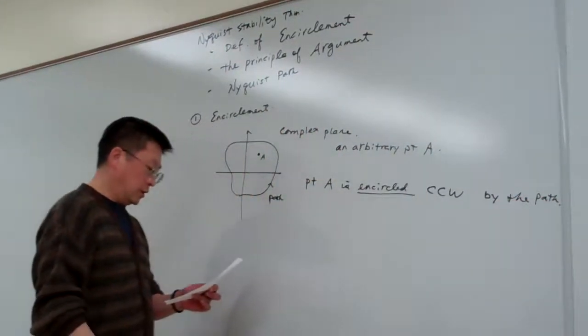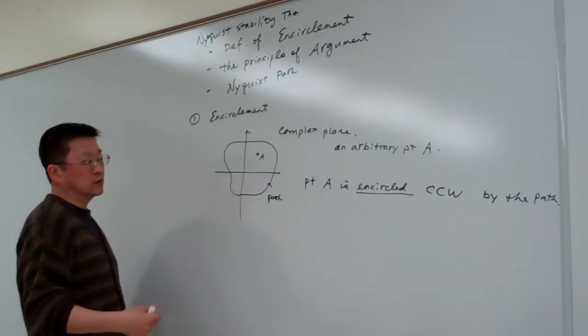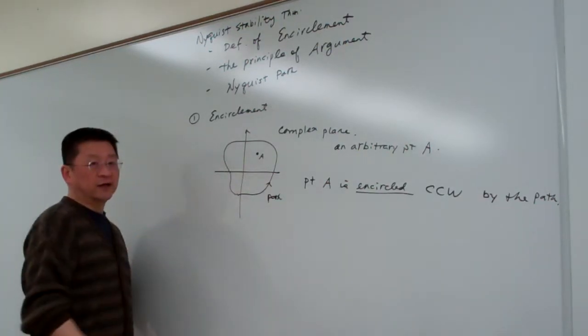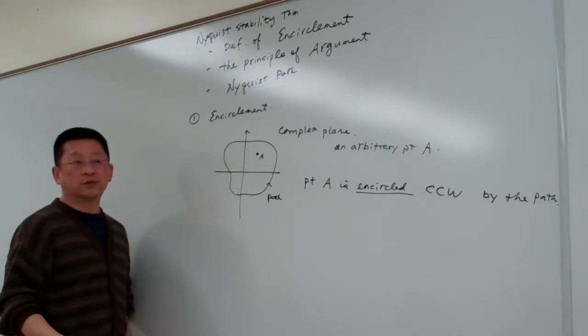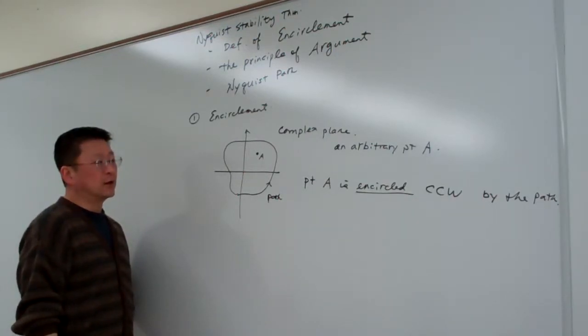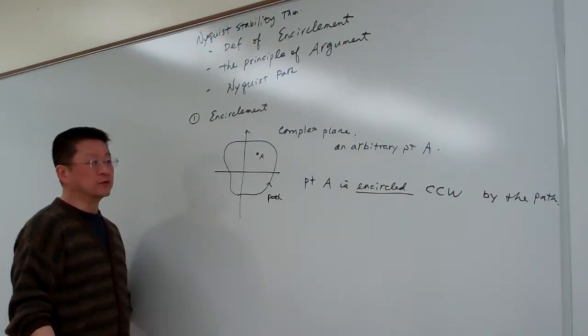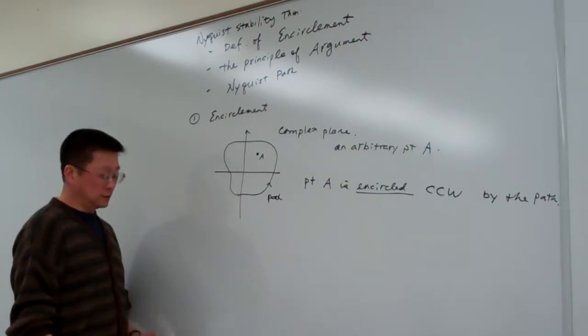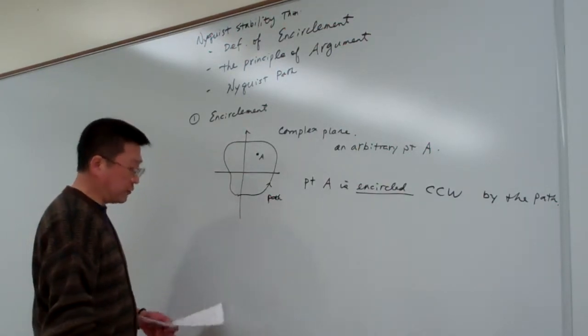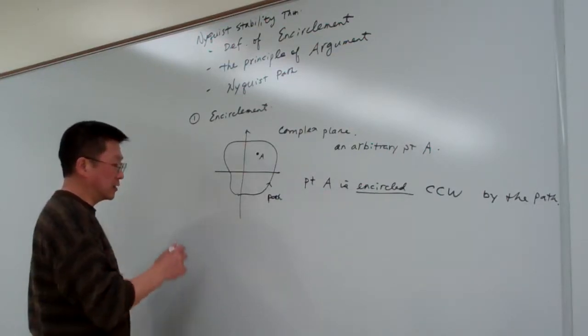Encircle basically means A is located inside the path in topology. Topology is the general meaning of geometry, and we might think of an example like this.